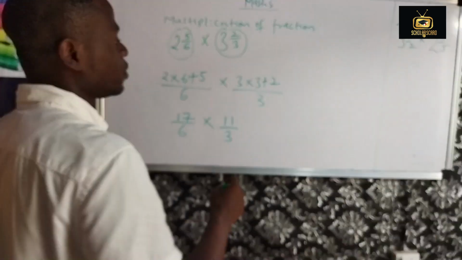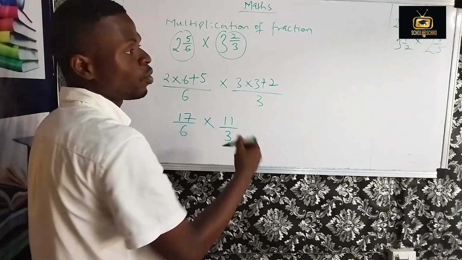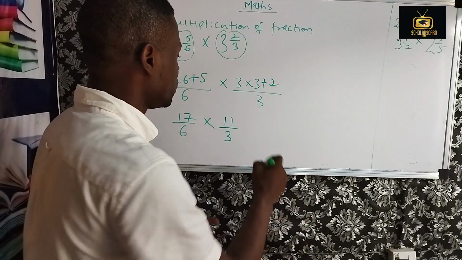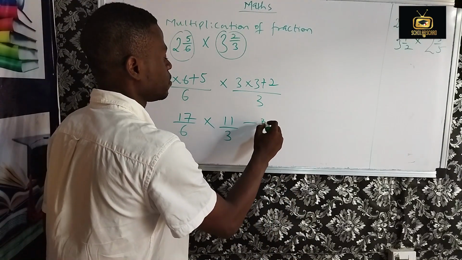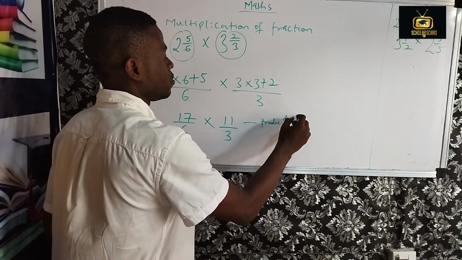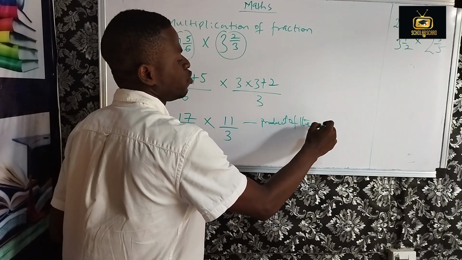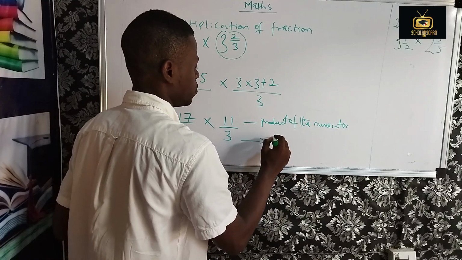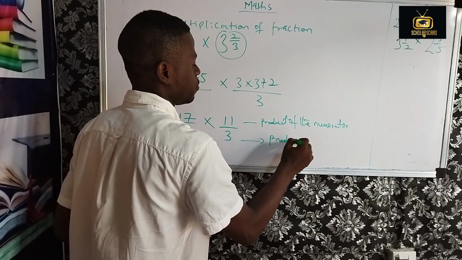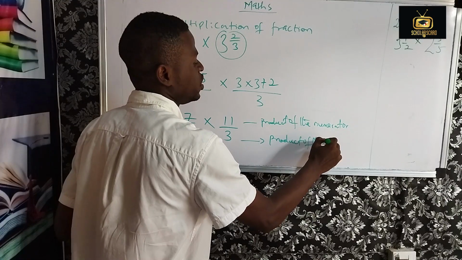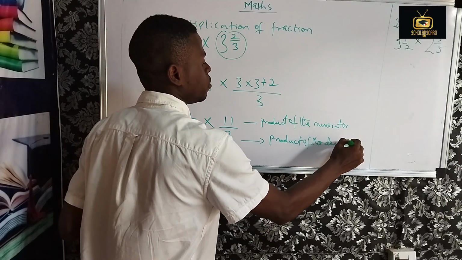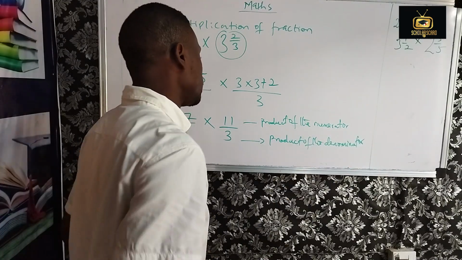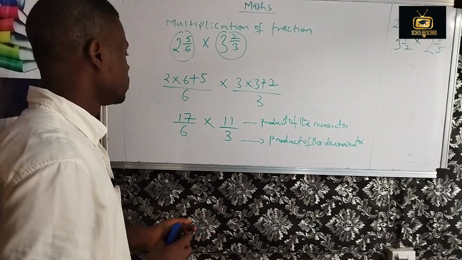So in this place, we are going to find the product of the numerators and the product of the denominators. We are going to multiply 17 times 11, that is 17 over 6 and 11 over 3.